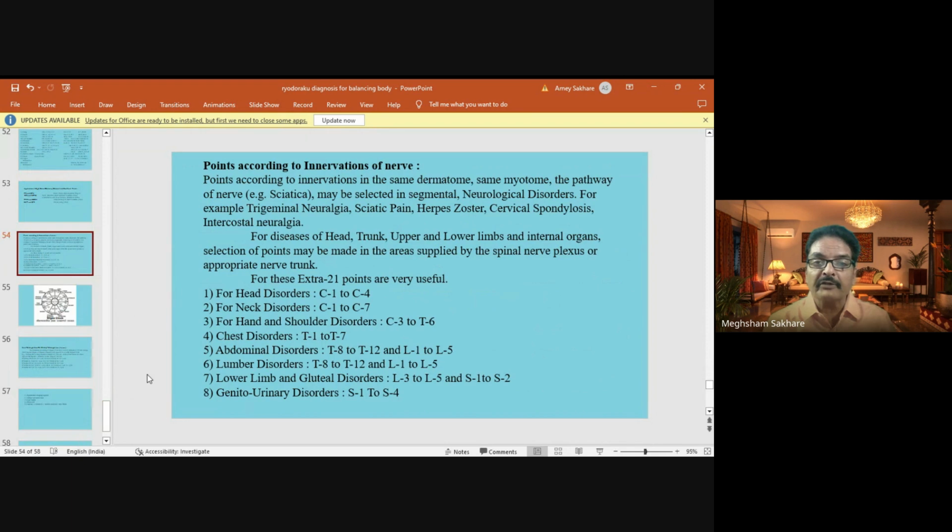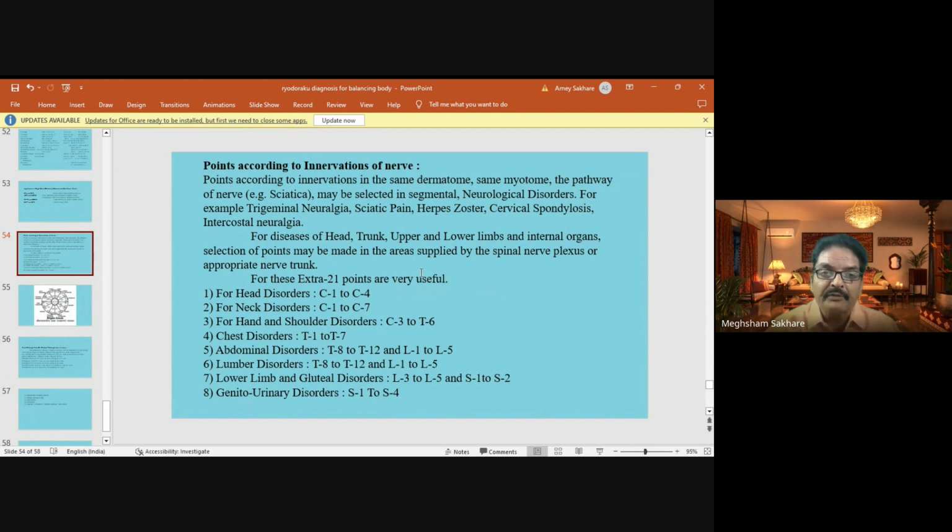Points according to the innervation of the nerve. Innervation in the same dermatome, same myotome, the pathway of the nerve. For example, sciatica may be selected in segmental neurological disorders. For example, trigeminal neuralgia, sciatic pain, herpes zoster, cervical spondylosis, intercostal neuralgia.